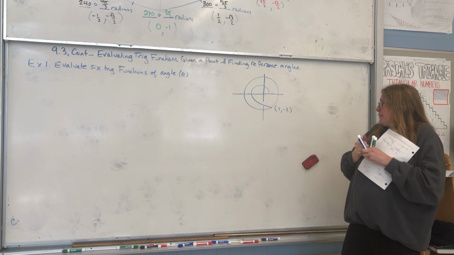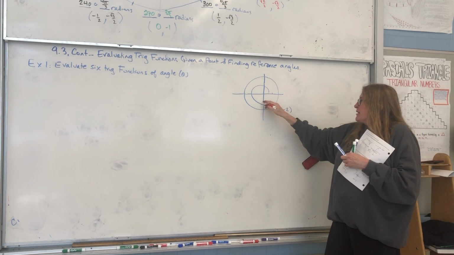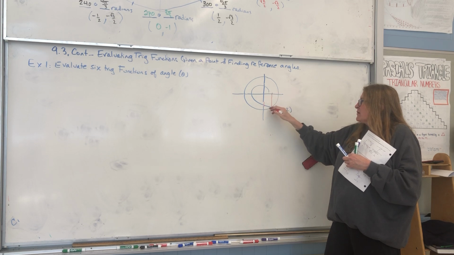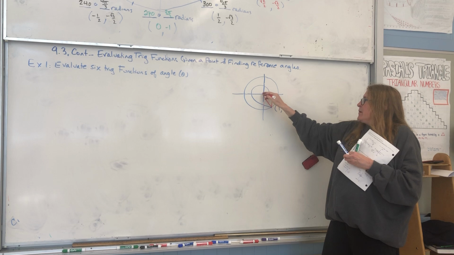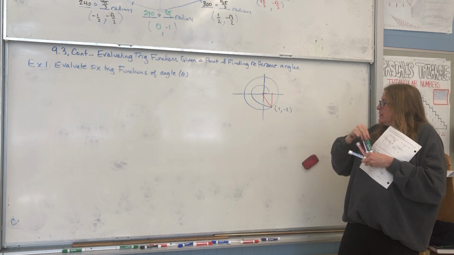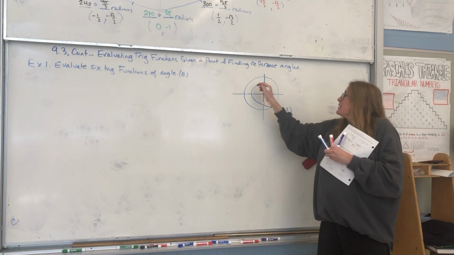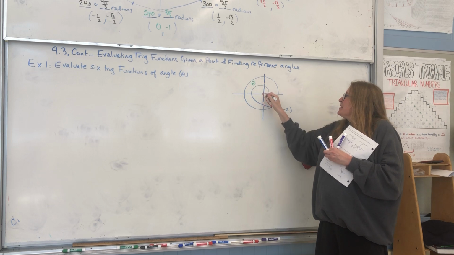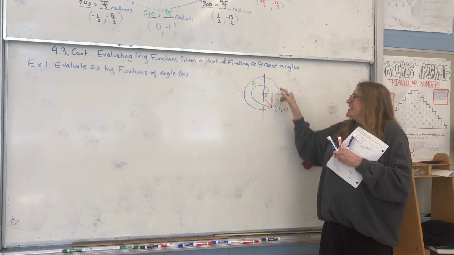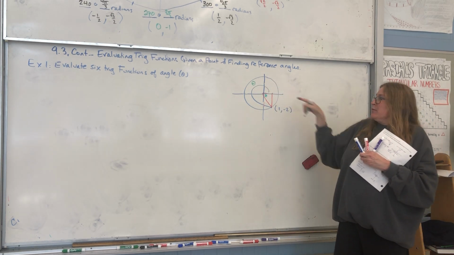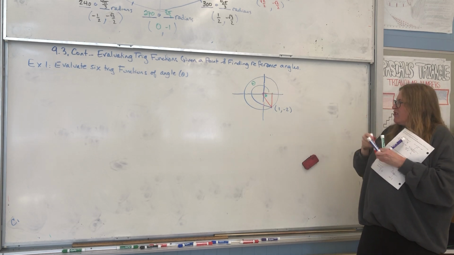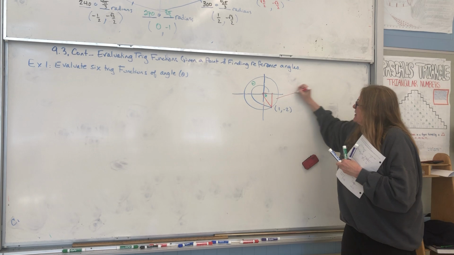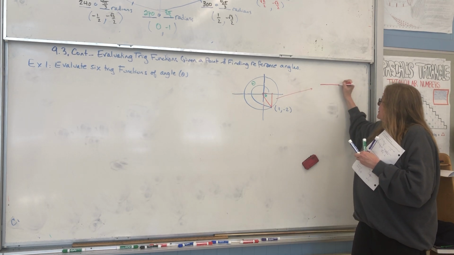What we want to do here is draw ourselves a little triangle. This is not particularly pretty. And remember what I said about this big angle theta? I can use this small angle inside and I get the exact same values that I would get using the big angle. So I'm going to take that triangle and make it a little bigger so that it's not so hard to see.